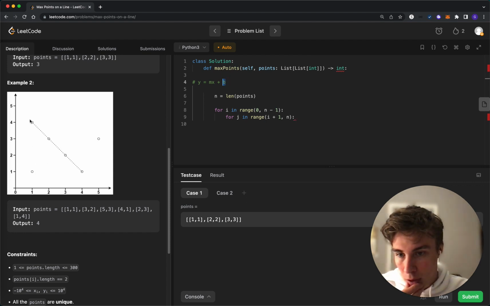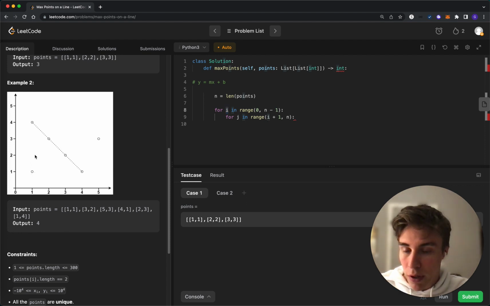Because if I find these two dots here, and say that this is my line, when I change to another starting point, I'm going to reset.